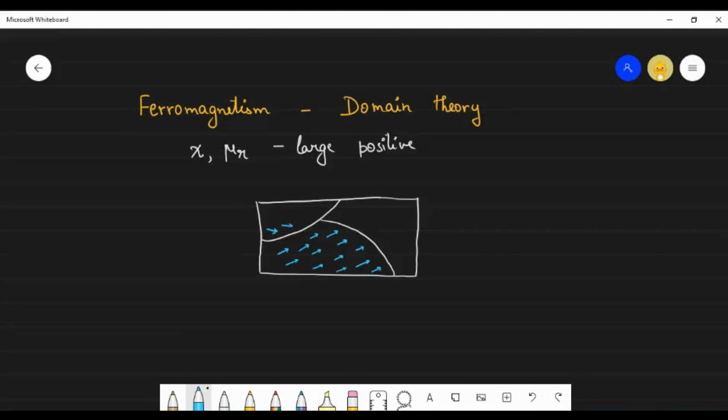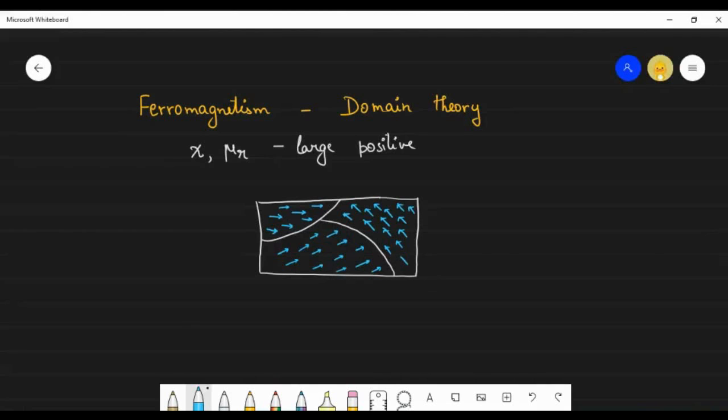This mutual spin alignment of the atomic dipoles can be attributed to the fact that there is coupling interaction between the dipoles which make them mutually aligned.